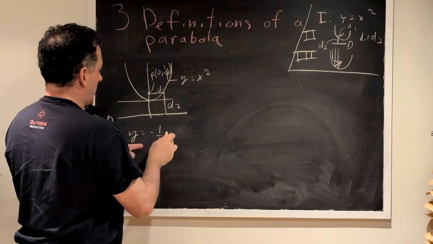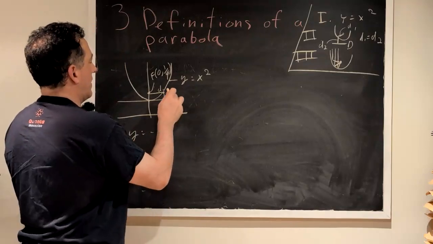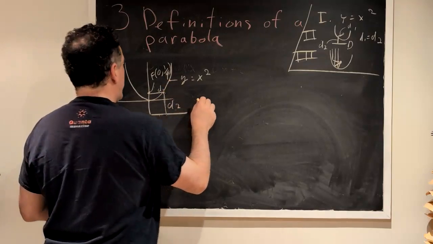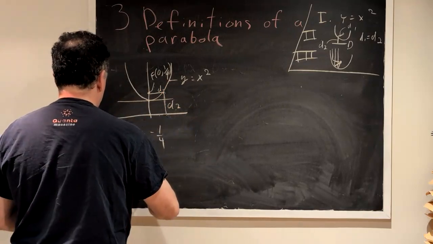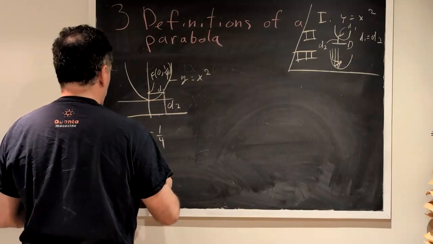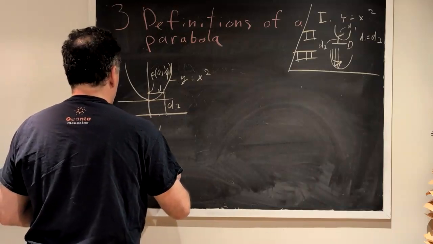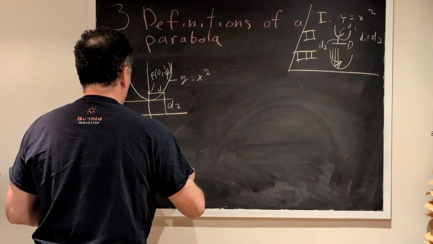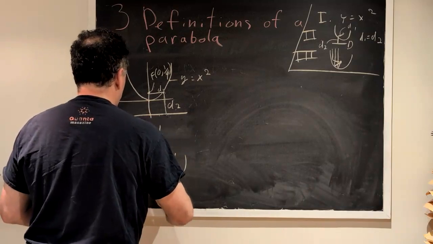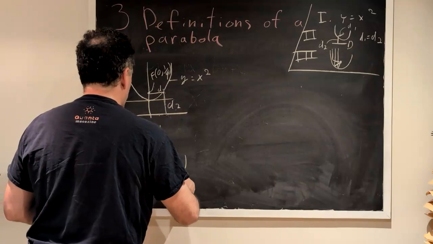And here, of course, y is equal to minus 1/4, and here y is equal to x squared. So d2 will simply be equal to x squared minus minus 1/4, which is equal to x squared plus 1/4.